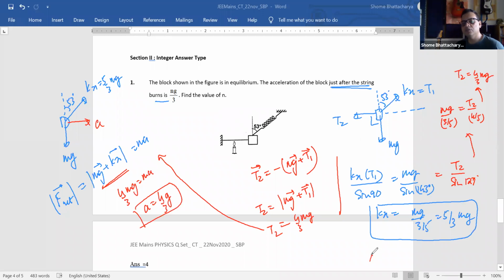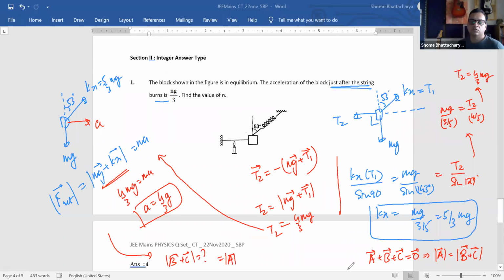You had equilibrium of three things. So that means the magnitude of one of them is equal to the magnitude of the sum of the other two. So now what you're doing here is you are actually calculating how much this is. That is nothing but the magnitude of T2, which you have calculated from here. So this is a little trick that I'm using. Nikita, is it clear now?